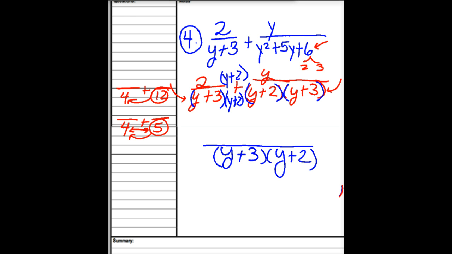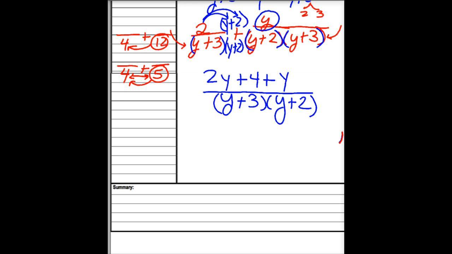So all I need to do is add the tops. Well, this top is 2y plus 4 plus y. It's almost as good as it gets, except 2y plus 1 more y gives me 3 y's plus 4 on the top.